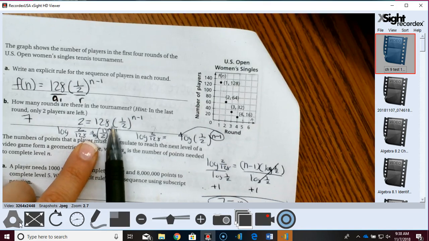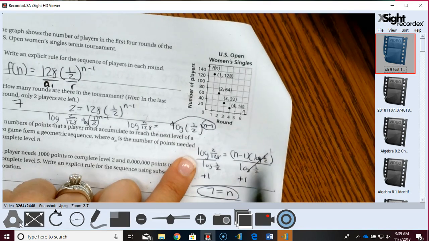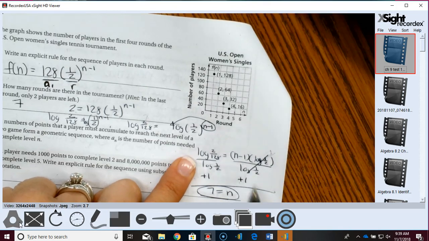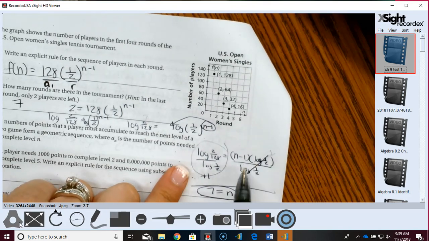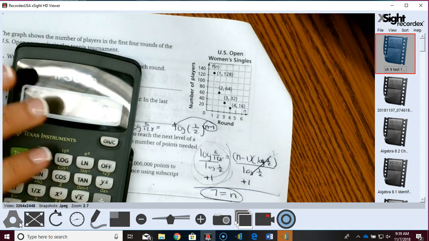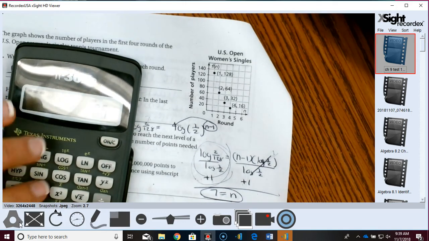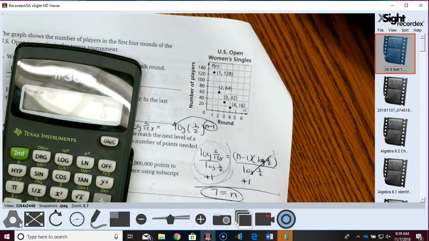The n minus 1 comes out front. And then you literally just divide out the log 1/2 on both sides. And you have n minus 1 equals all that, so plus 1. And you get n equals all of that. So you would do 2 over 128 log, divided by 0.5 log, equals, plus 1, and you get 7.